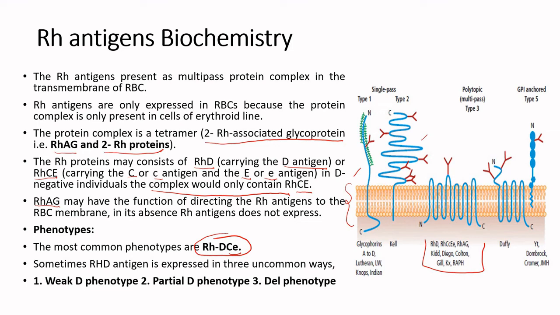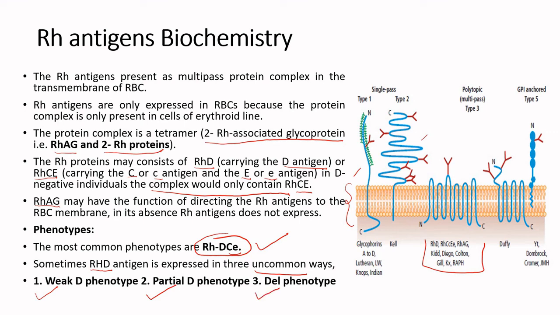This is the most common phenotype, but sometimes RHD can also be observed in three uncommon ways. What are those uncommon ways? First one is the weak D phenotype, second one is the partial D phenotype, and third is the del phenotype.